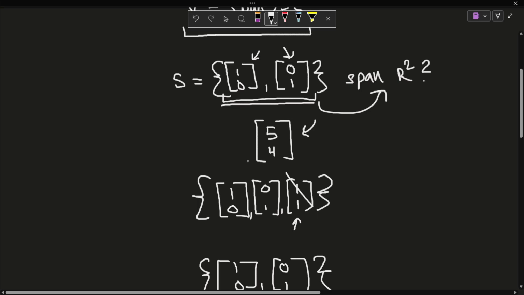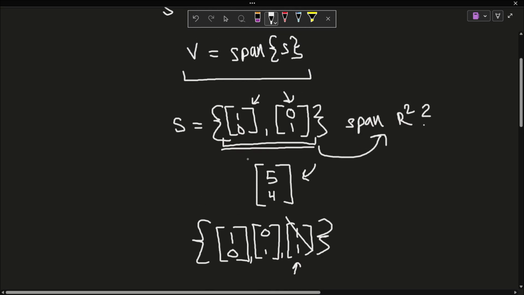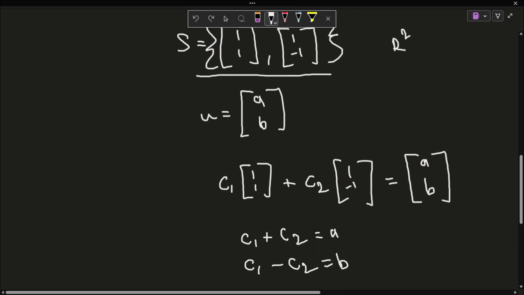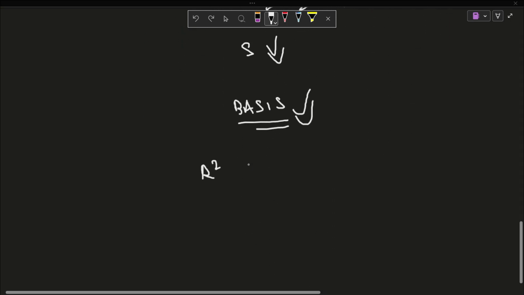Well, because they're all the most efficient way. You can't have a more efficient way or a less efficient way than that. All the bases have to have the same number of vectors.